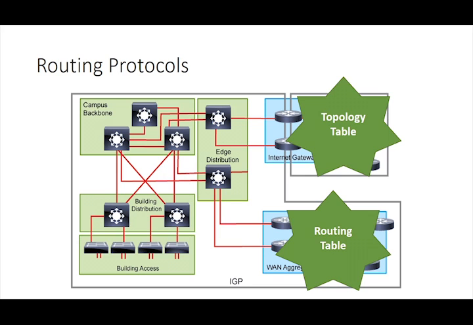IS-IS is commonly found within the service provider internal network. Exterior gateway protocols exchange routes between different autonomous systems. The only exterior gateway protocol in use today is BGP, Border Gateway Protocol.